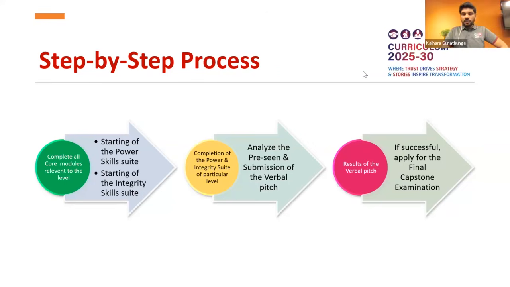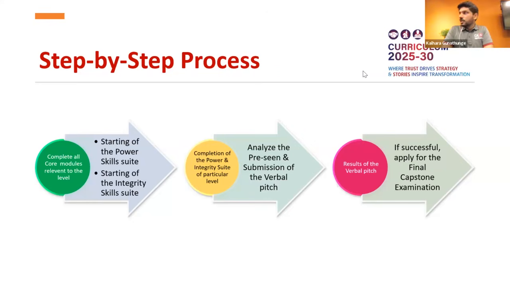Yes, so in that process, when it comes to business and strategic level, I think very recently we did this communication for the business and strategic level. So you have to complete all the core modules relevant to that level. So that is the first thing that you have to do.